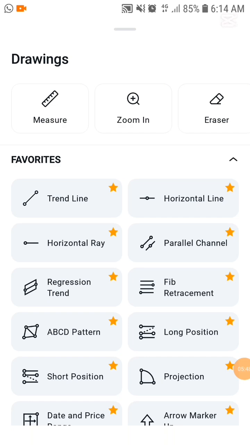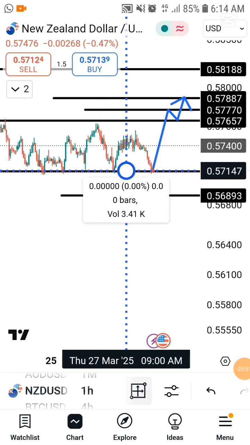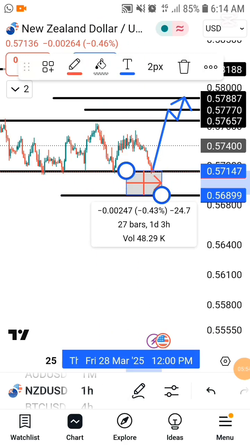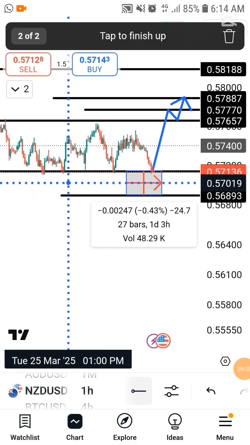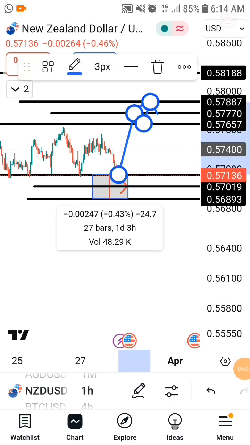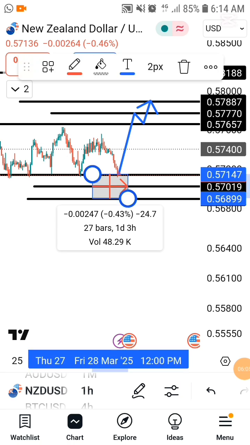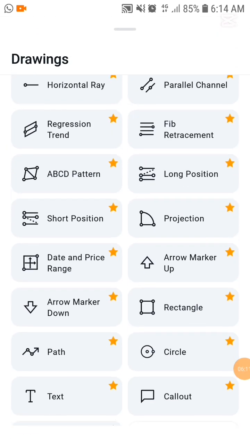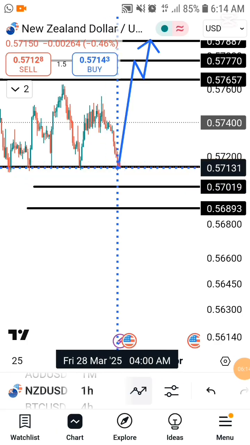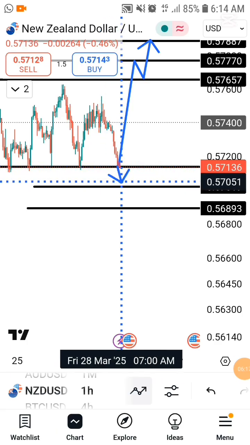Can you see? This is your guideline, the one that we use to approve the breakout. Until this market comes down and touches this place, your breakout is not approved.